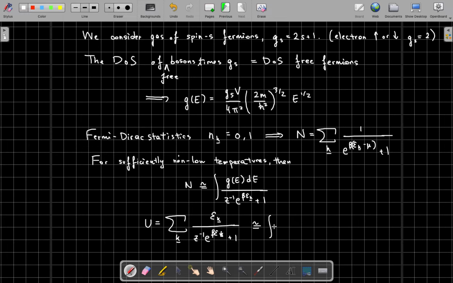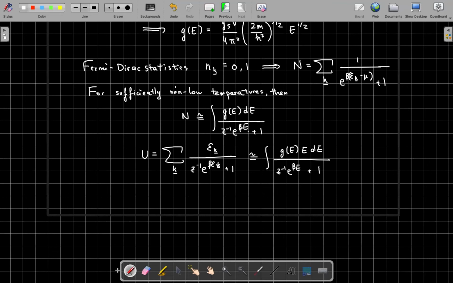So this approximates to an integral which is g(E) E dE over z to the minus 1 e to the plus beta E plus 1. I think here I wrote e_k, doesn't really matter because you're going to integrate over the variable. So, but for consistency, E.